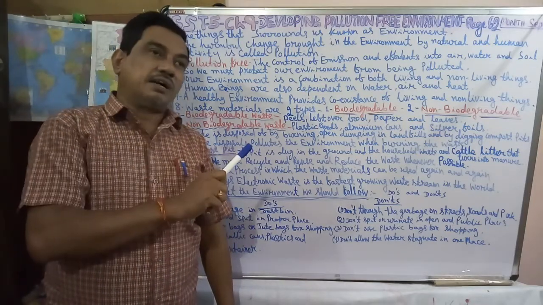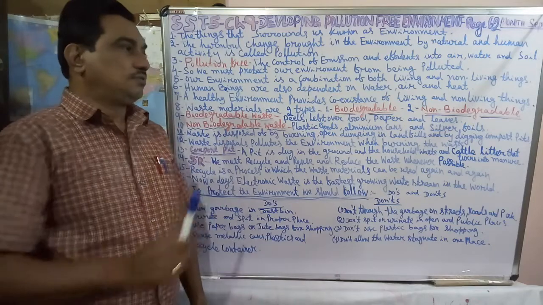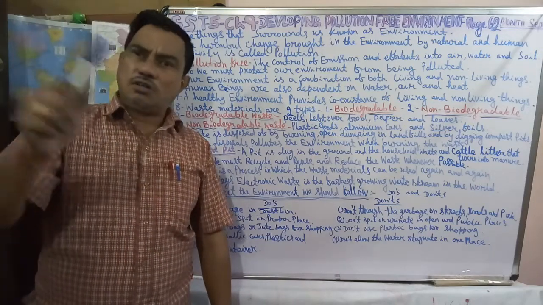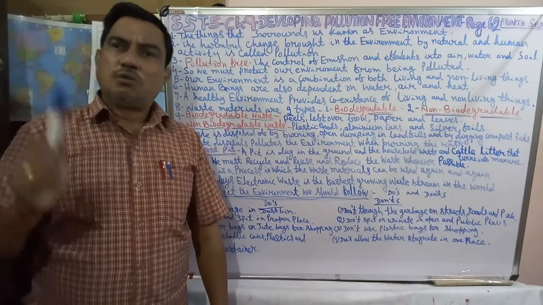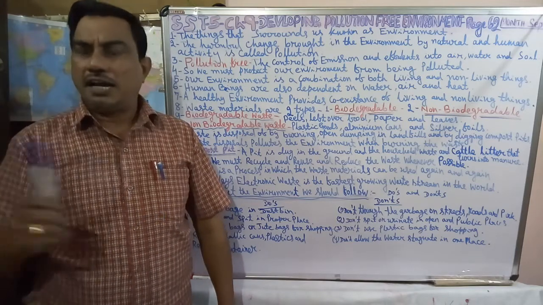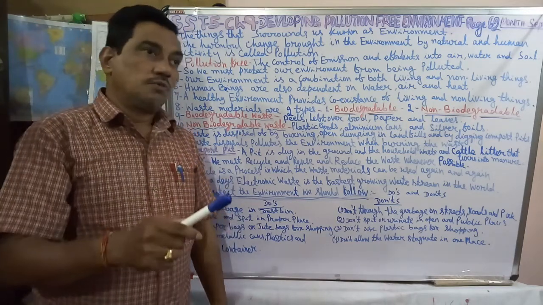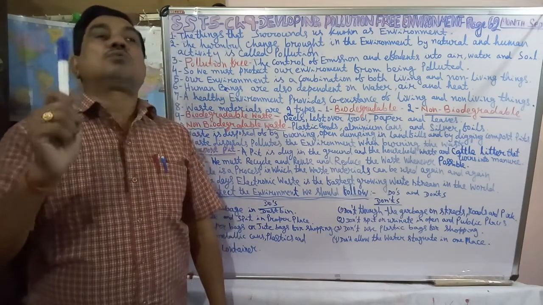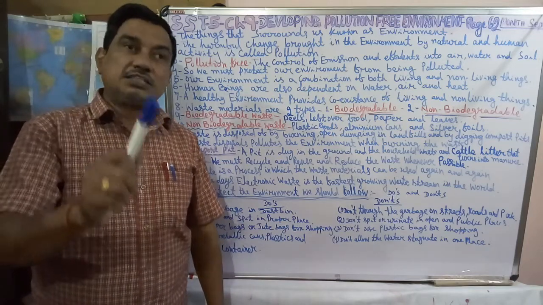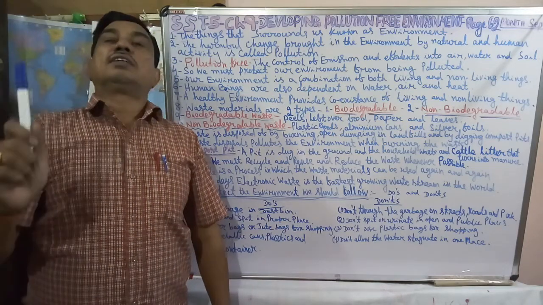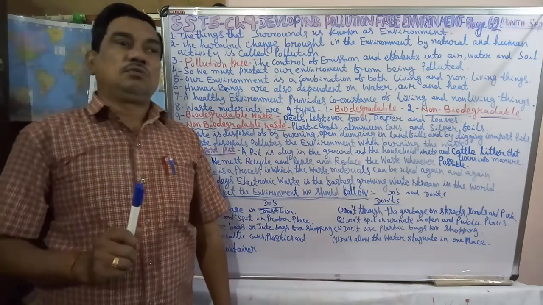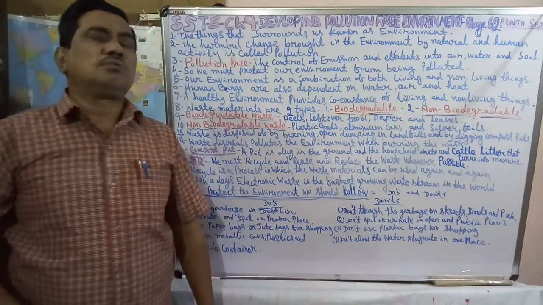The waste materials are of two types. Waste material pollutes the air, water and the land, the soil. One is biodegradable and another is non-biodegradable. What are biodegradable wastes?